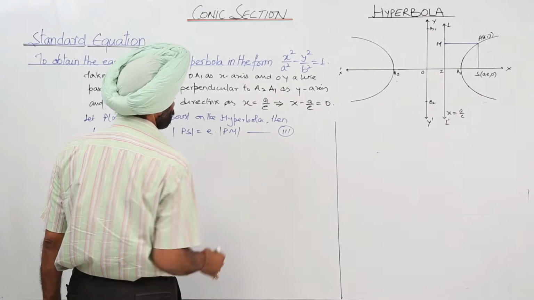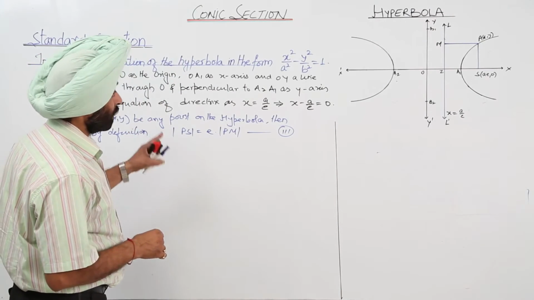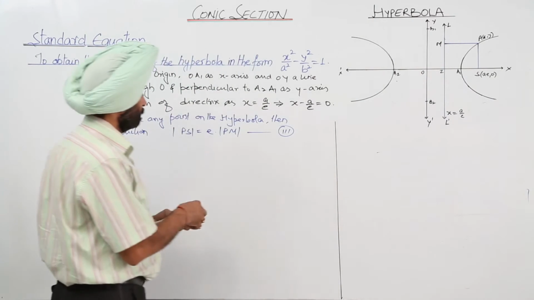Now let this be equation number 3. So we were having 1, 2 and already we were having 3. Okay, no problem.